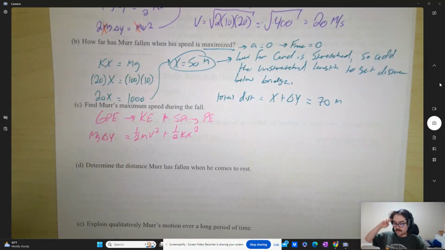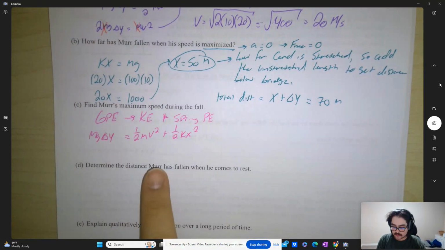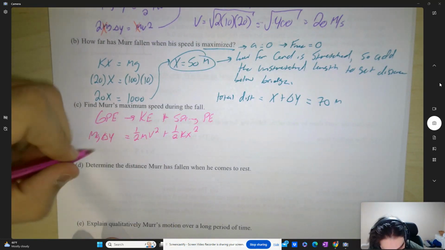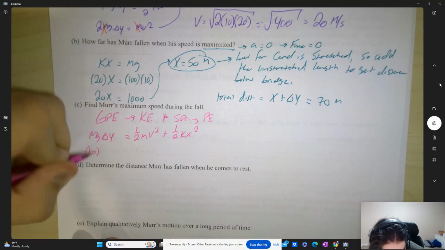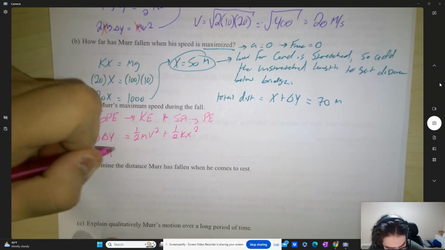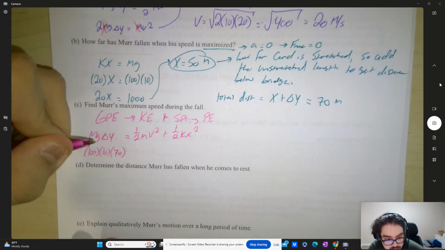I've already got pretty much all the values here except for v squared. So I'm going to plug everything in. The mass is 100, times g is 10. Delta y is the distance below the bridge, which is 70.